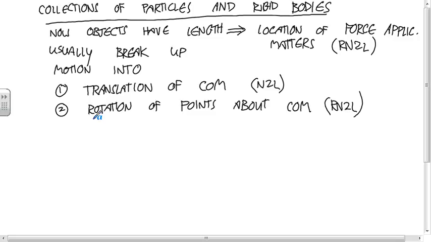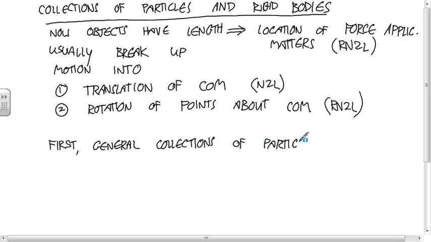Okay, so first, what can we say about general collections of particles? So think of this as like a blob of pudding. So if we want to do pudding physics, what equations can we use?